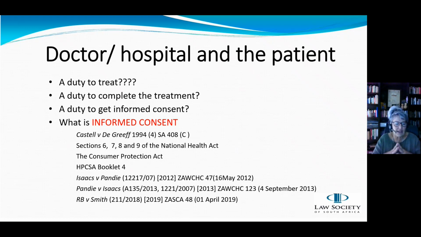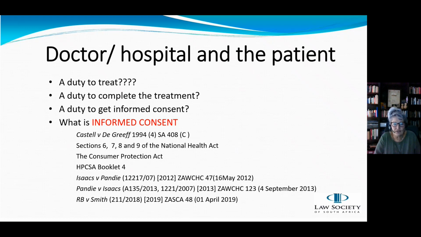And if you read through new medical negligence cases, you will see that they constantly refer back to Castell versus de Greef. Therefore, that can be seen as the locus classicus, the case that you need to quote, the case that you need to read when you are faced with possible litigation, and the claim is that the patient did not give informed consent.